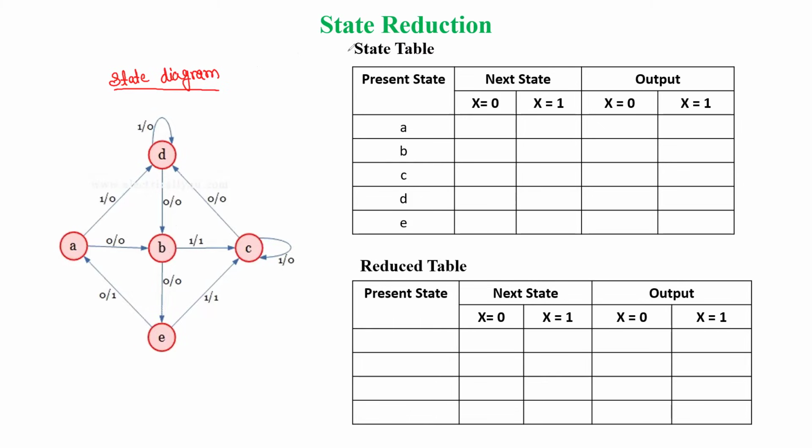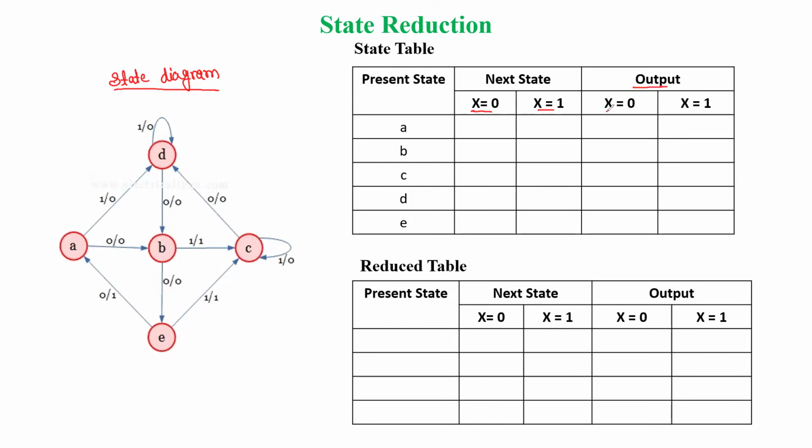So for that, we have a state table format. We are writing the present state and next state. For the next state, two conditions are there: when input x is 0 or when input is 1, then what will be the corresponding outputs? So here on the right side we have the output.